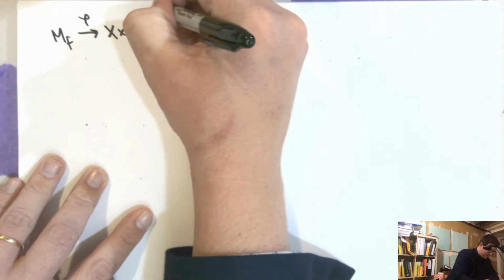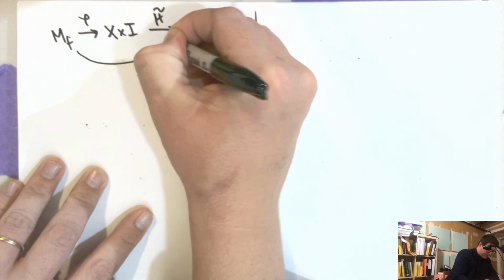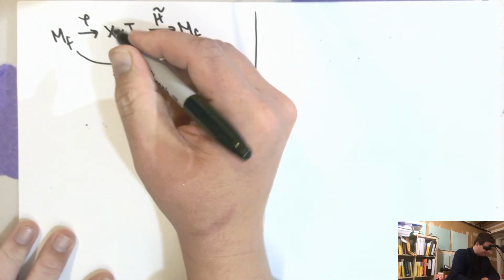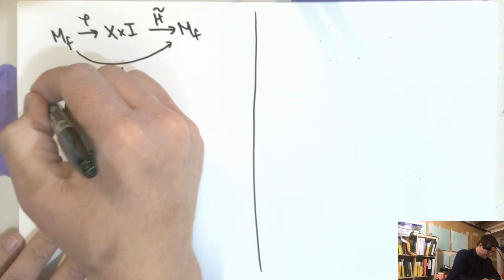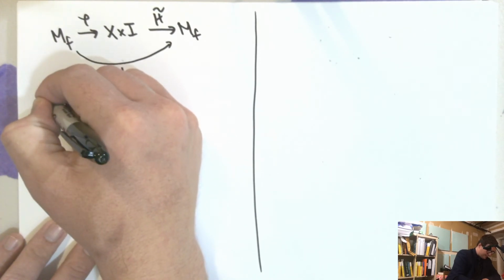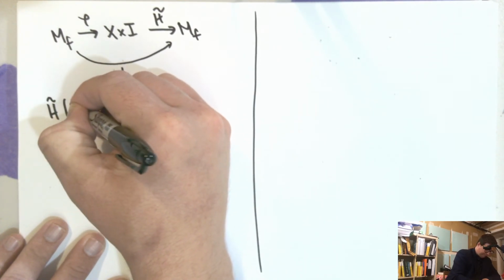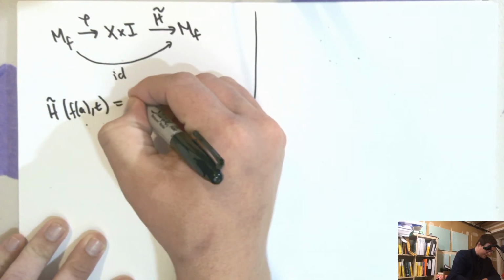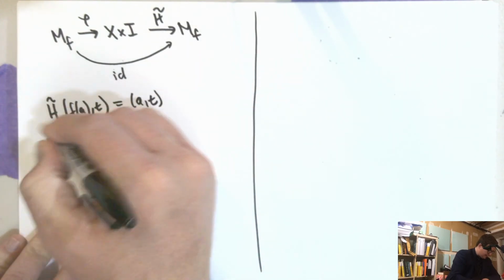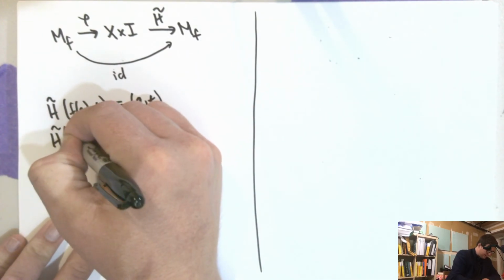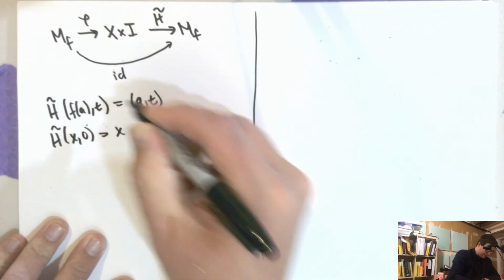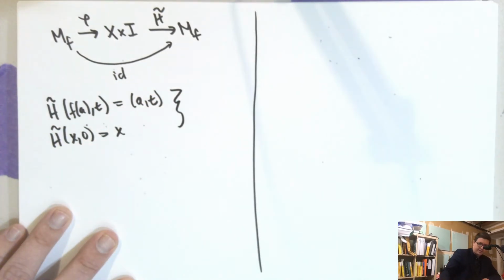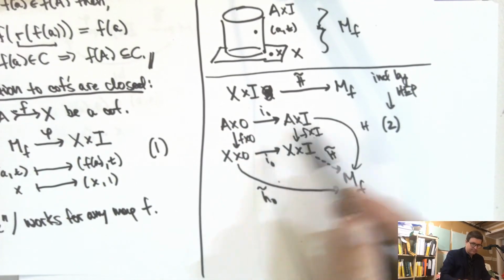We had our original map, which we called phi, and we called this H tilde. If we compose these two things, we claim that we get the identity. Note that here we have h tilde of f of a of t, which is just at, and we have h tilde of x0 is equal to 0. These things follow from this commutative diagram, from the way that this is set up.